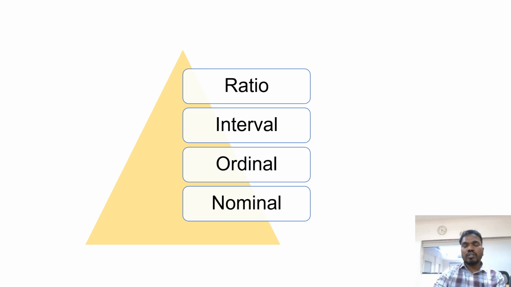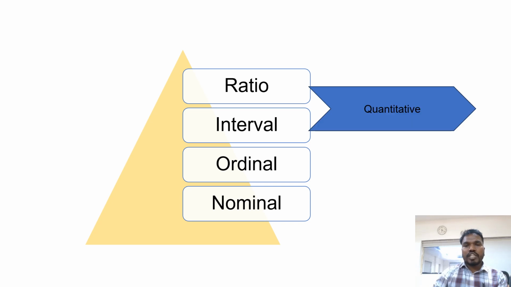That is called the hierarchy of levels of data. Clear? If you see, ratio and interval come from quantitative data. Now you understood what quantitative data is: it can be discrete, it can be continuous. Continuous data is nothing but interval, right?